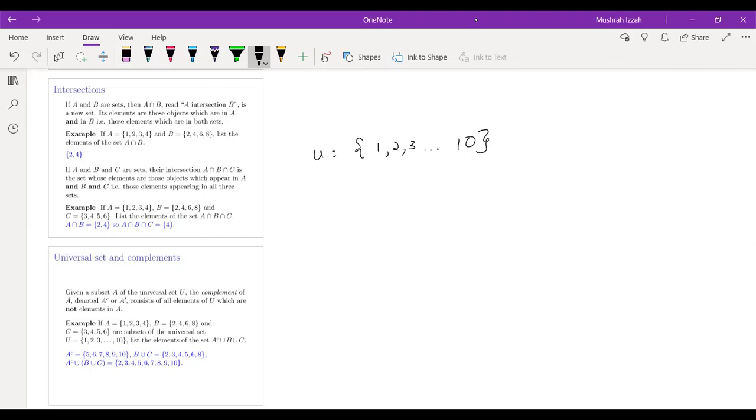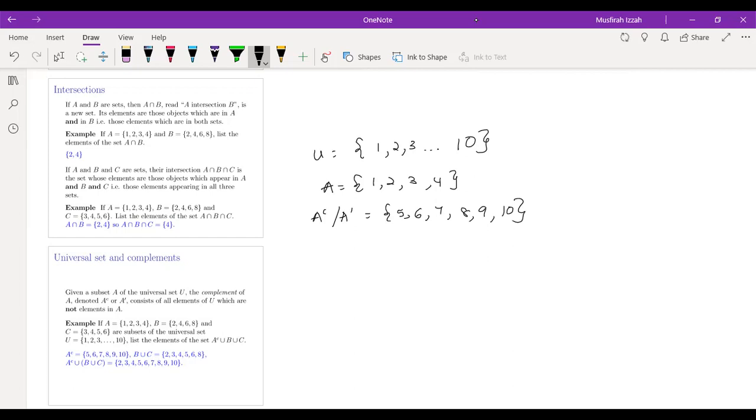Maksudnya kalau dia kata A awak 1, 2, 3 dan 4, A complement awak atau A prime awak adalah 5 sampai 10: 5, 6, 7, 8, 9, 10. Boleh? Okey.